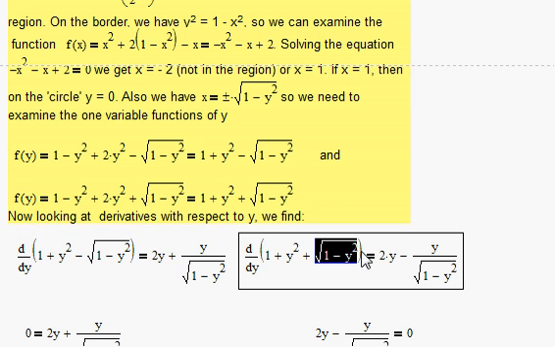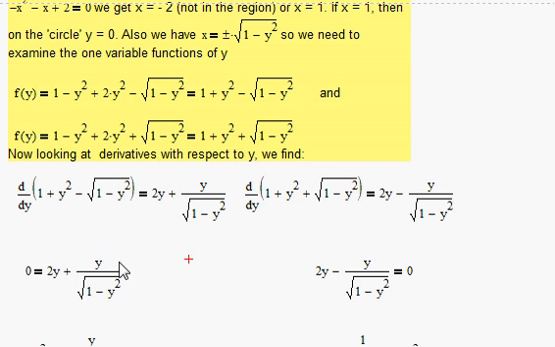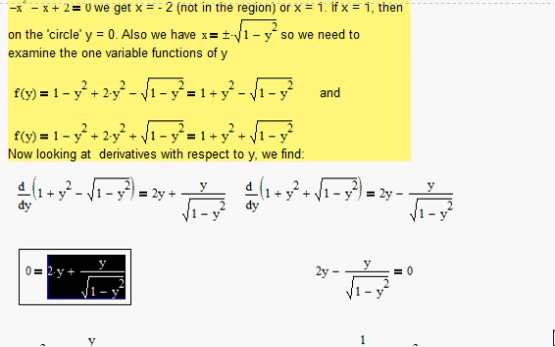Similarly, for the derivative of this part, we get 2y minus y over the square root of 1 minus y squared.